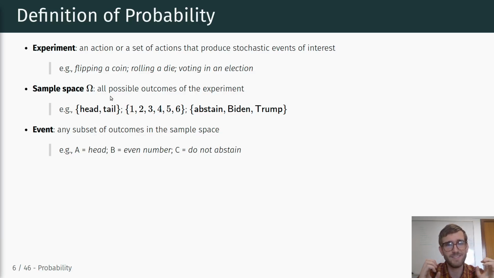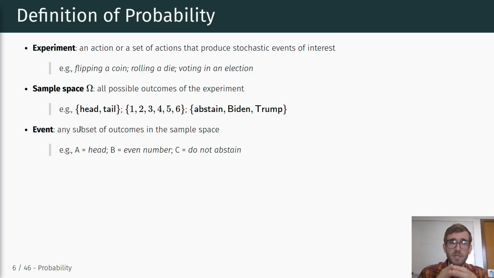And then we have an event. An event describes any subset of outcomes in the sample space, right? So for flipping a coin, an example could be that I flip the coin and I get a head rather than a tail. But it doesn't have to be a single element of the sample space. It could also be a collection of elements in the sample space.